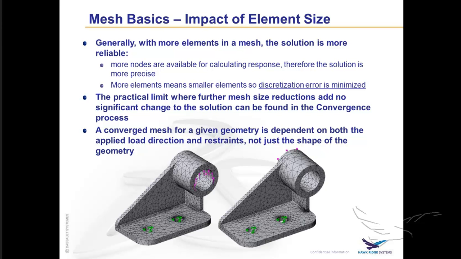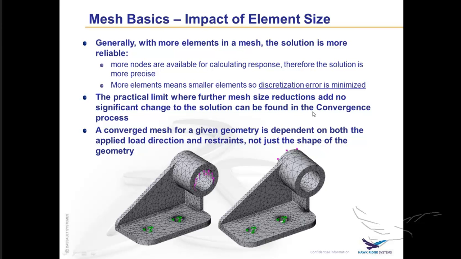So if we use smaller elements and more elements to map our model, we end up with many additional calculations that we need to do, but we can more accurately capture and resolve these complex responses. Also, if we use more elements, that means we generally are using smaller elements, so that helps to minimize our discretization error.